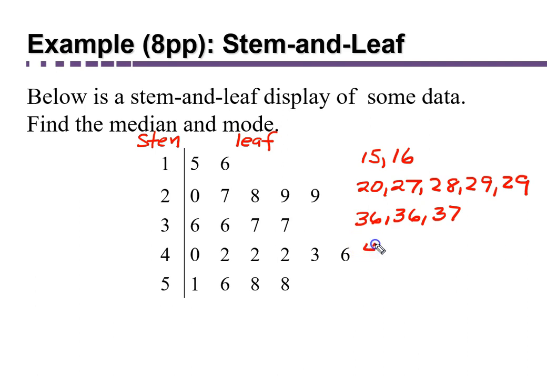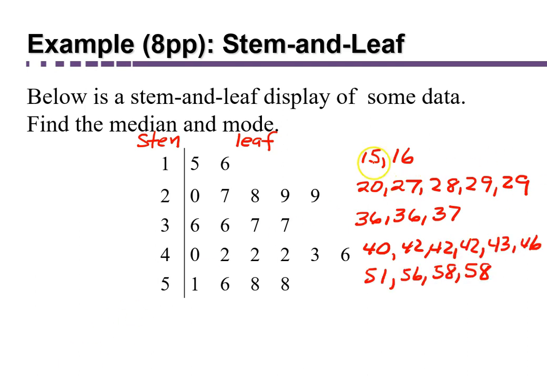Here we get a 40, 42, 42. So a way of presenting data, and this would have been your data, and then you are presenting it in a stem and leaf display.